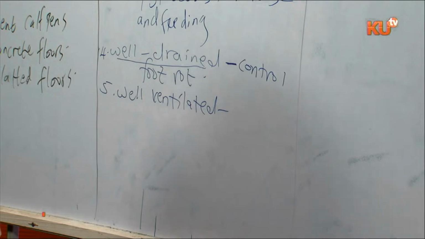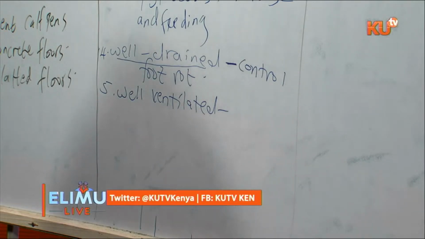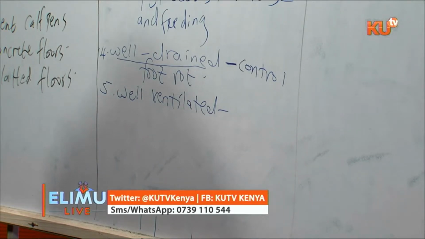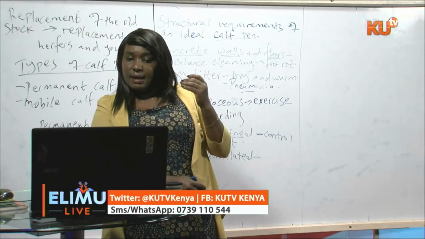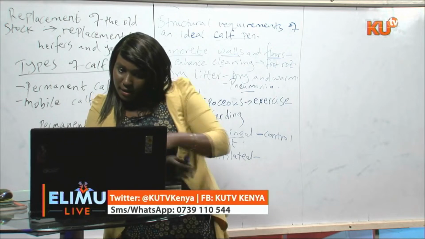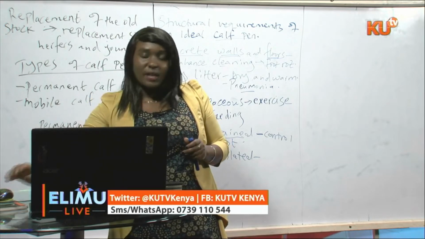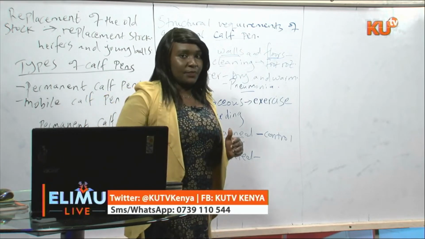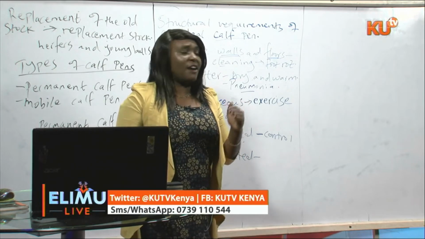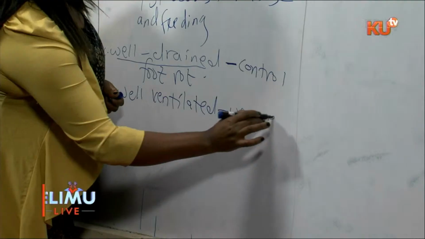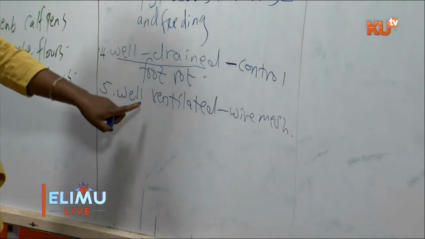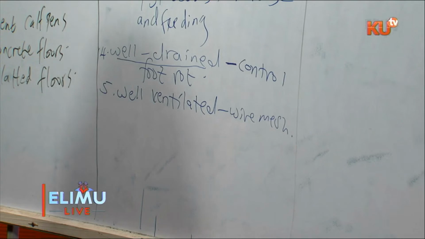And well ventilated rooms, of course, are brought about by making sure that you put wire mesh. You make sure that there's a portion of the calf pen that has wire mesh. And of course, this boosts the immunity.